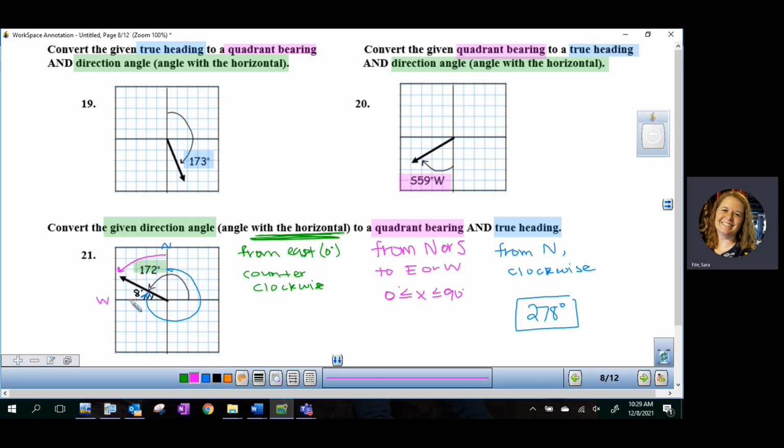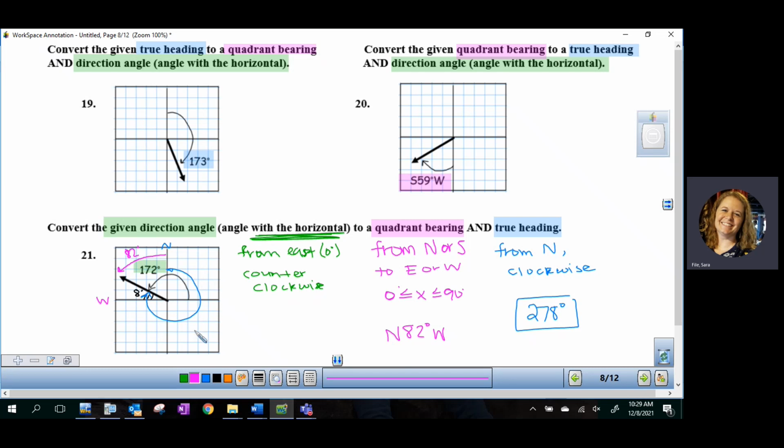Now, if that little piece is 8 degrees, what's this piece that I drew in pink? Because the quadrant is 90, isn't it? So 90 minus 8, 82. So we would write that the degree goes in the middle and it's from the north to the west. It's northwest.